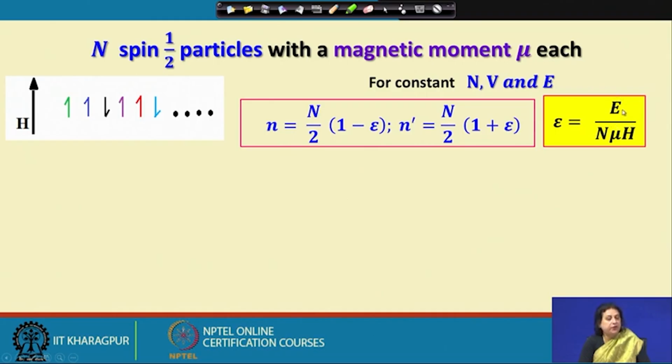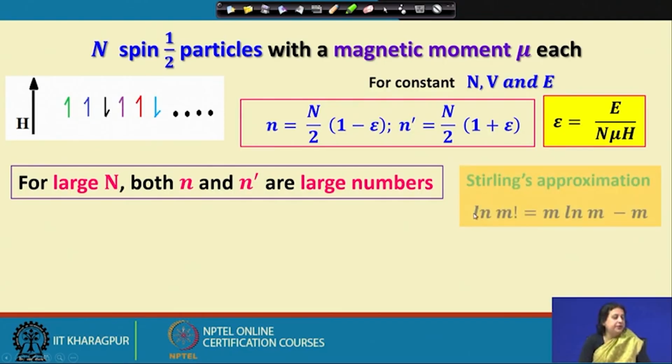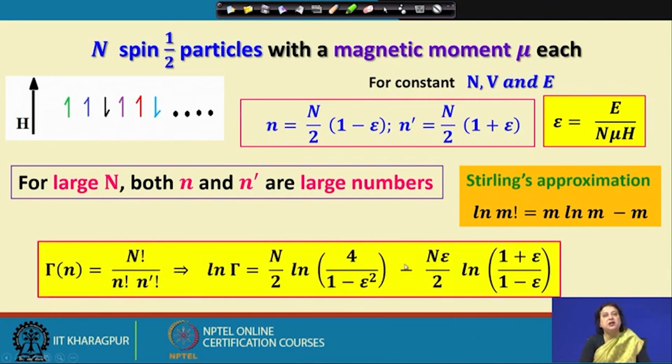So, for a given value of epsilon and for a given system where you have a specific magnetic moment, epsilon can have specific values, and we have been able to show that if n is a very large number, then we can use the Stirling's approximation and calculate the number of microscopic states as a function of n, which simplifies to this expression. This derivation we have already done while counting the number of microscopic states for a system like this.